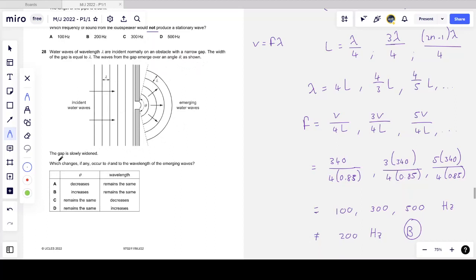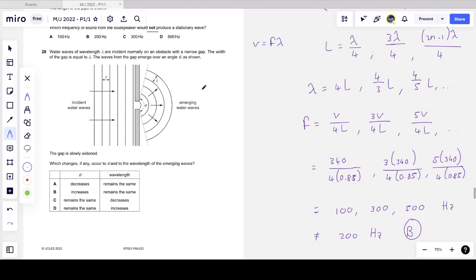Which changes, if any, occur to theta and to the wavelength of the emerging waves? Okay, so we take the gap that we have and we slowly widen the gap. Actually, we're not too sure what happens to the wavelength of the waves.